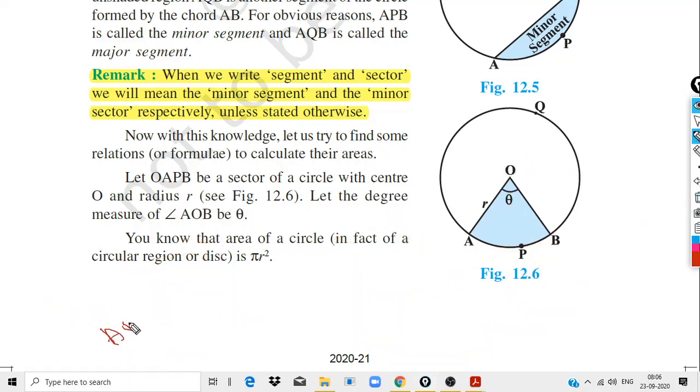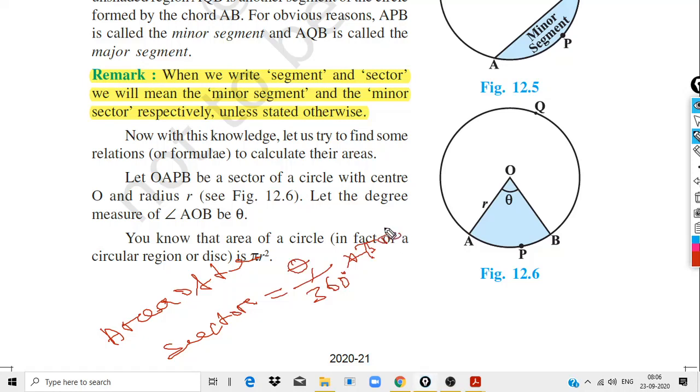Please write it down. Area of the sector is equal to theta by 360 into pi r square. Pi r square is the complete area of the circle, and theta is the angle of the sector.